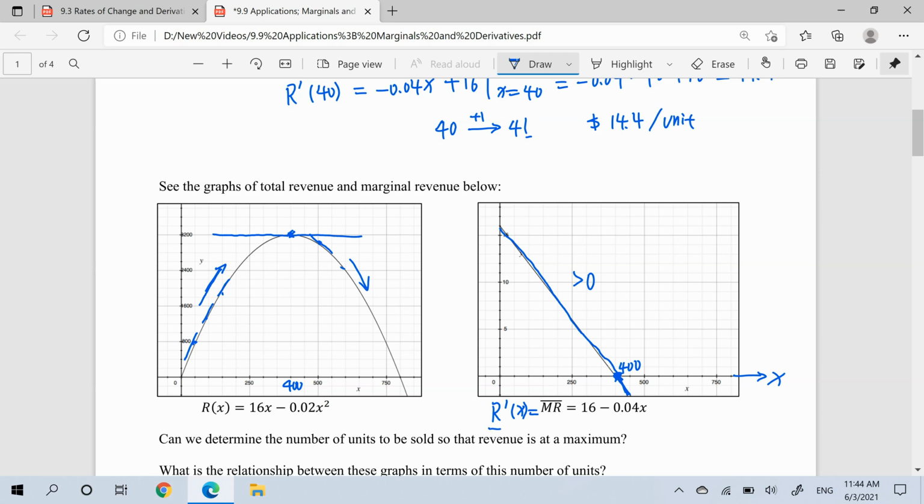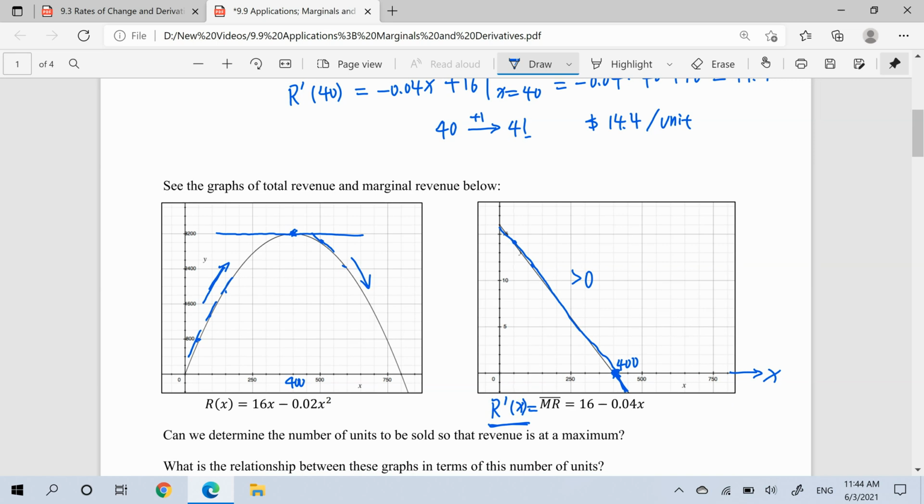We know the derivative at each point means the slope of the tangent line at that point. So suppose here, like 250, for this point, this tangent line, the slope is this number here.